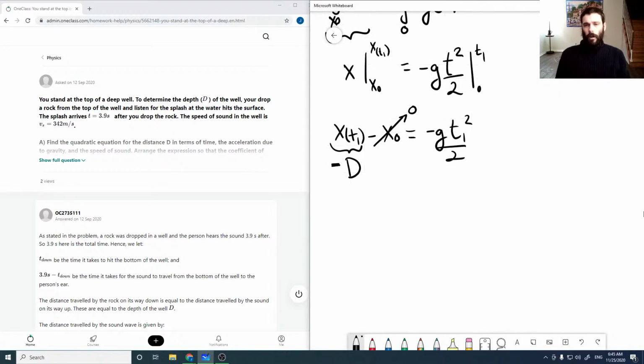All right, so what we have then is minus d equals minus g t1 squared over 2, or canceling the negatives. Good.